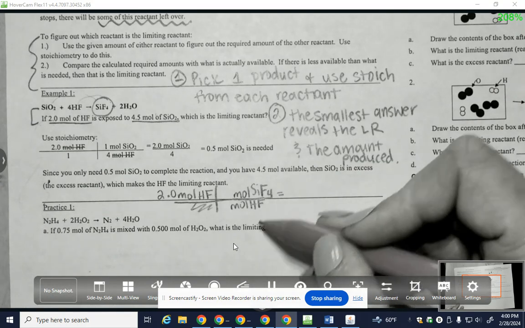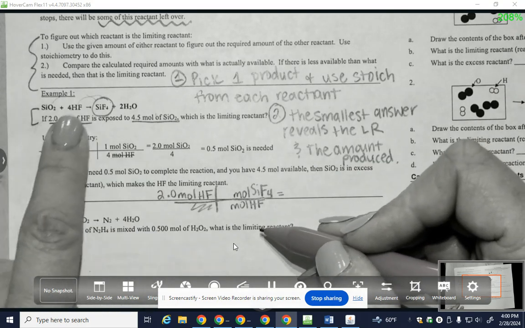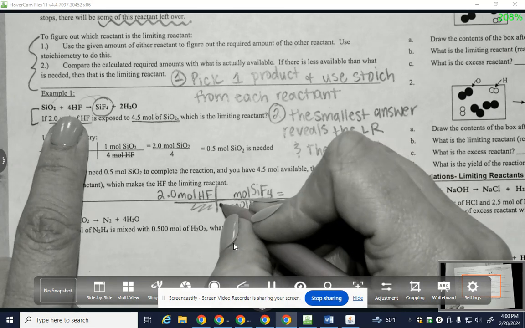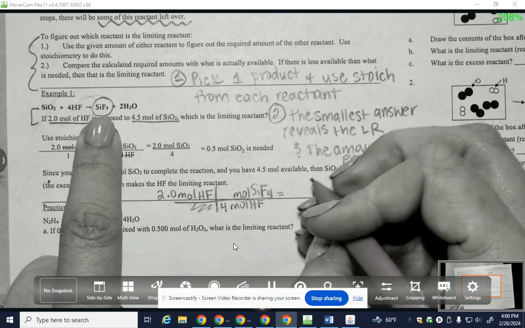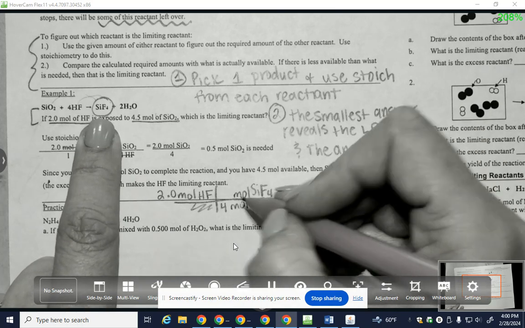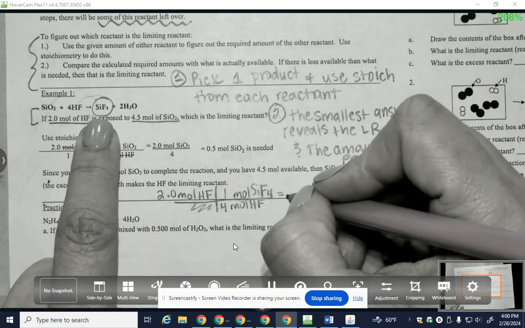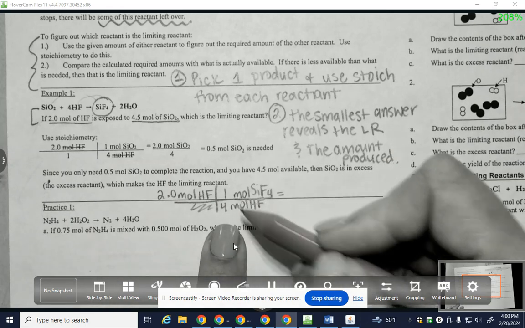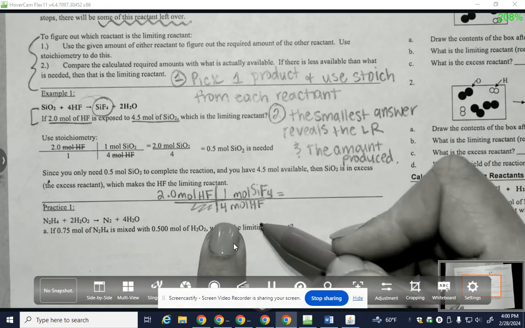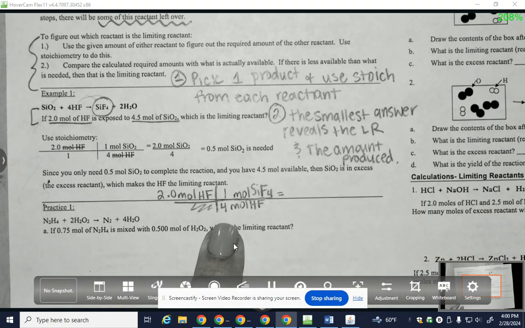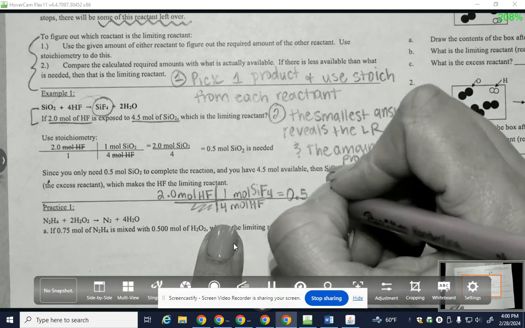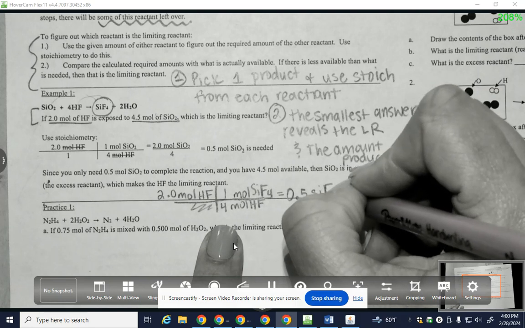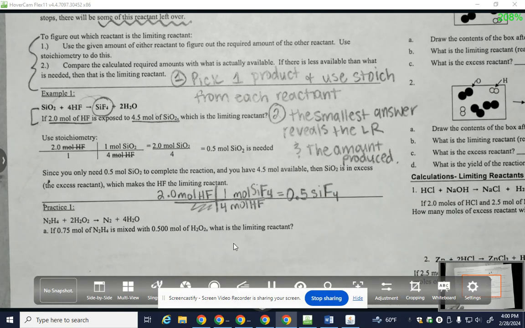Looking up at the balanced equation, HF has a 4, SiF4 has a 1. So I have 2 times 1, which is 2, divided by 4. What is that answer? 1/2, 0.5. So 0.5 SiF4. That's our first answer.